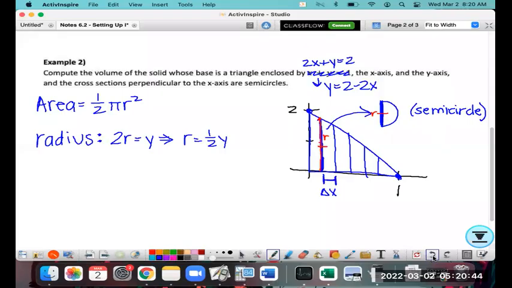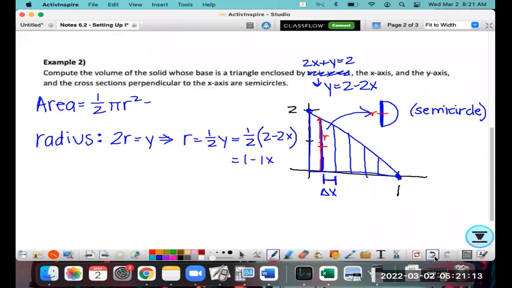Now I need that to be dependent on x, so I'm going to rearrange my equation so that I have an x there. So y, oh, I already have the y. I don't need to rearrange that again. So that's 1/2 times 2 minus 2x, or 1 minus 1x.